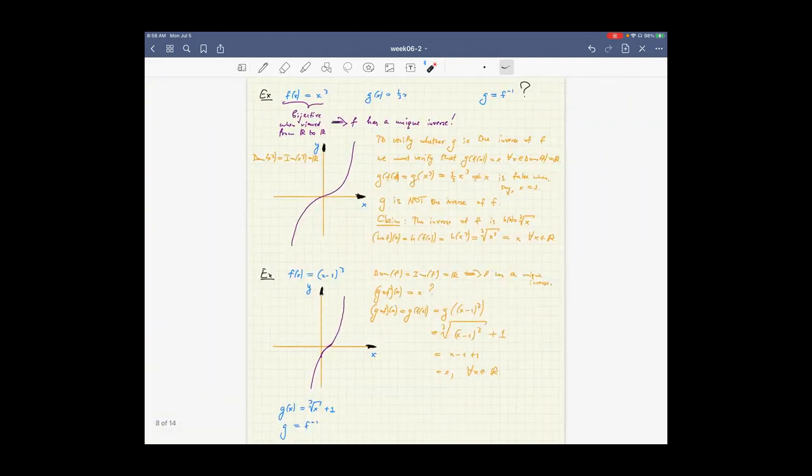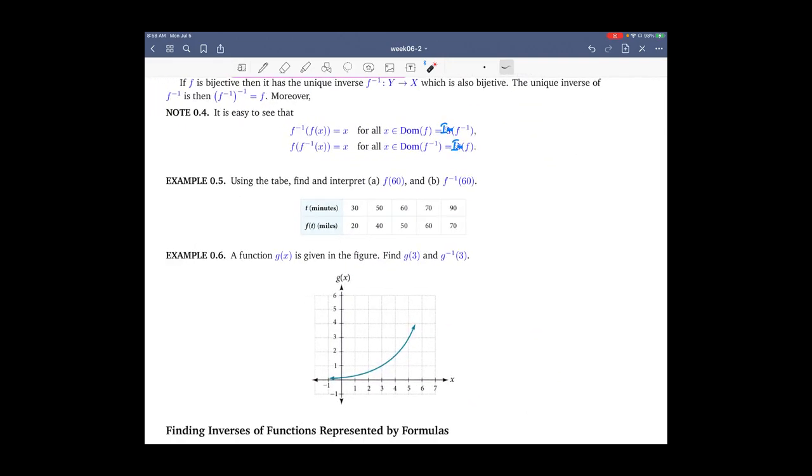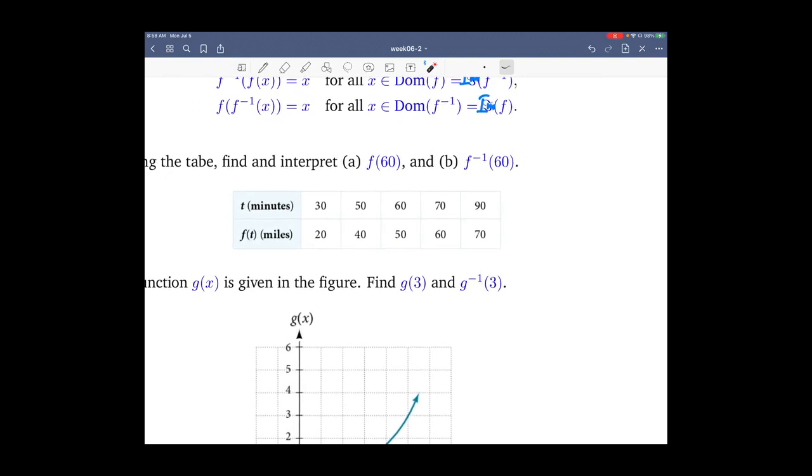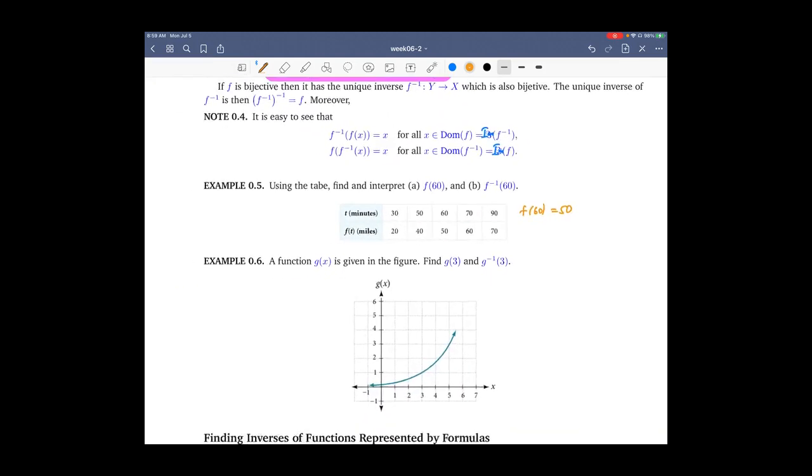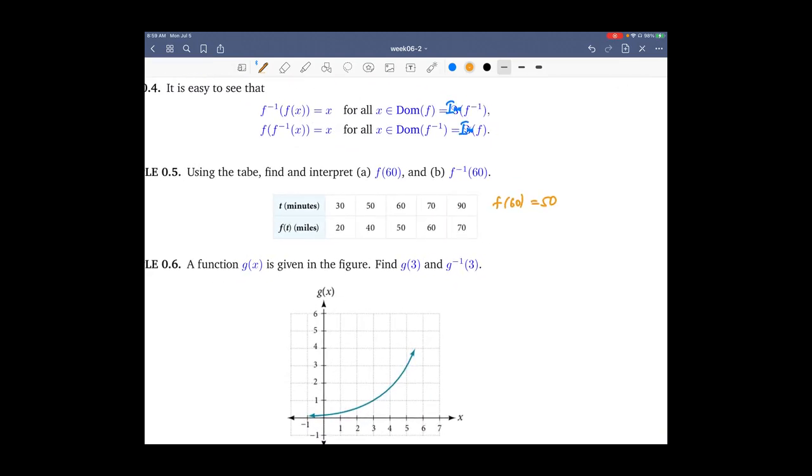All right, let's look at some examples involving tables and functions. In this example, for instance, we're given a function defined by a table. So we immediately see that f at 60, which is the first question, is 50. And f inverse at 60, presumably f inverse exists.